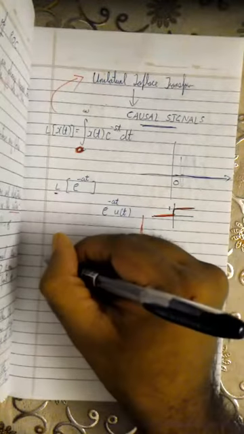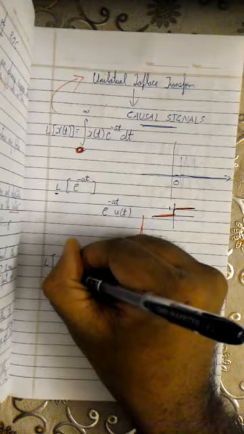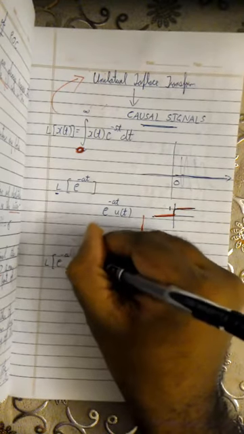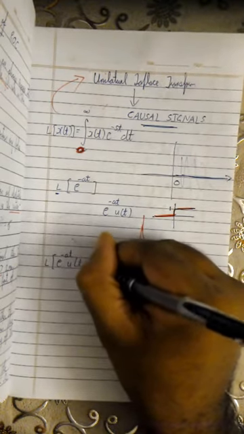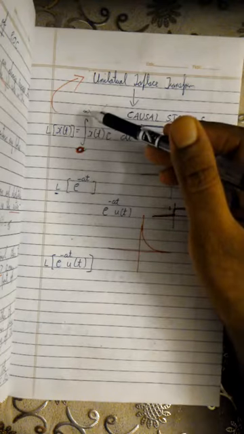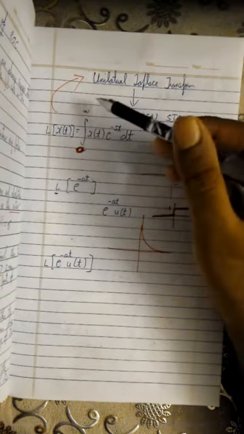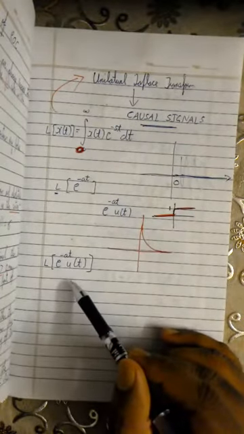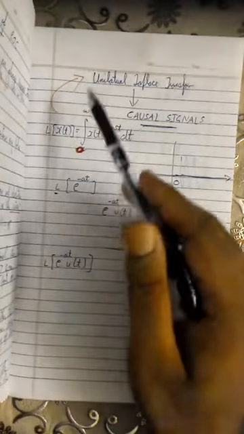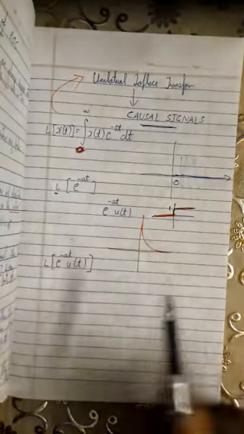Here the Laplace transform that I need to apply is called the unilateral Laplace transform. Of course, by common sense you can understand, because when I write from minus infinity to plus infinity, from minus infinity to 0 the value of the signal is 0, so the value exists only from 0 to infinity. That's why the equation comes in this format.